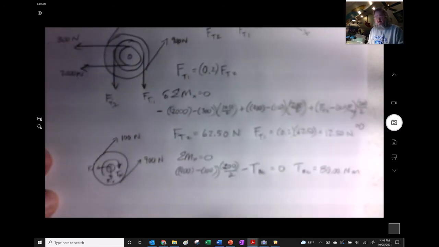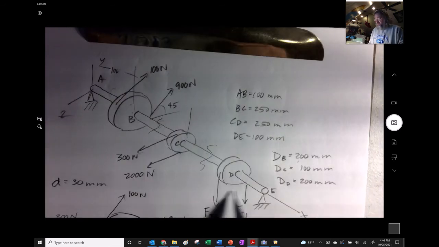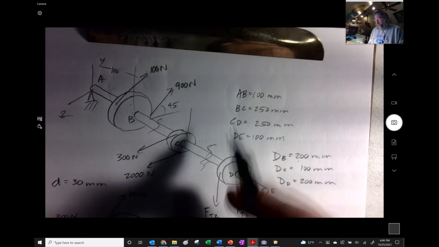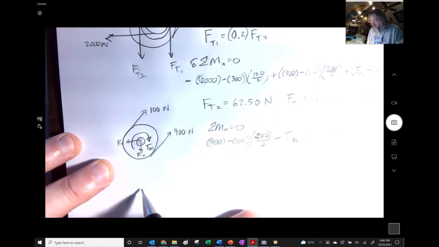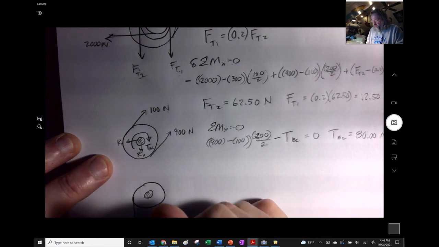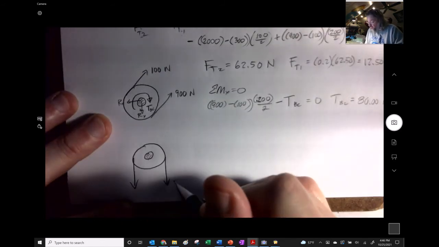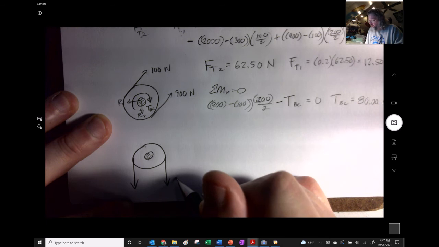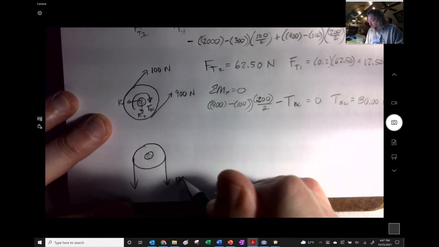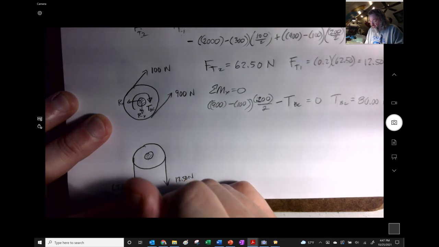All right, so let me do the other torque that I'm going to need, this one. I'm just going to use this pulley by itself and cut it right there, even though I'm going to look down the same axis and onto the thing. These are the ones that I just ended up getting: T1 was 12.5 newtons, and this is 62.5 newtons.